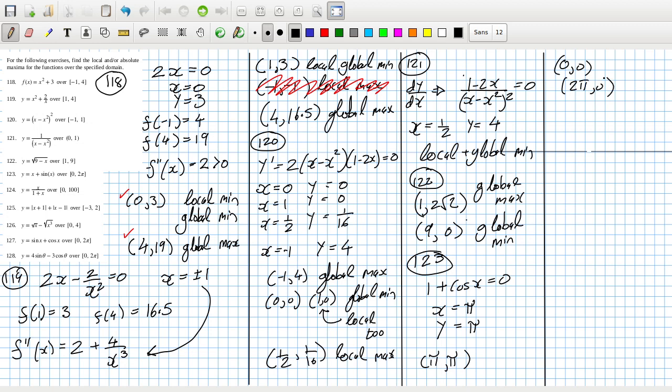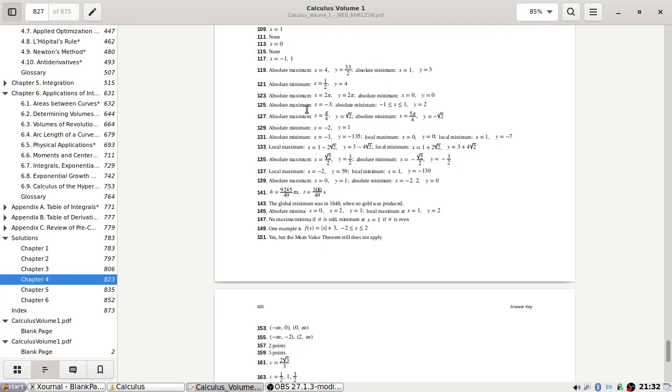But they seem like global mins. I guess the graph doesn't drop below the x-axis. So I'm going to go with their global mins, which means the pi, pi must be a global max. Global and local max. Let's see. 123.